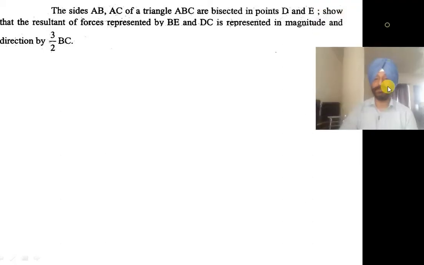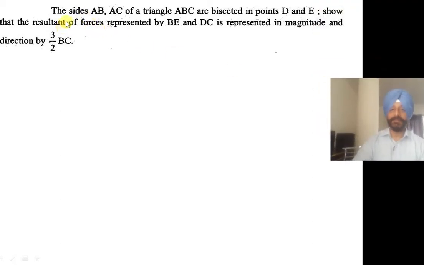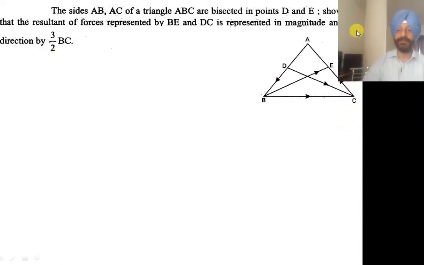So the first question is: the sides AB and AC of triangle ABC are bisected at points D and E. Show that the resultant of forces represented by BE and DC is represented in magnitude and direction by 3/2 BC.